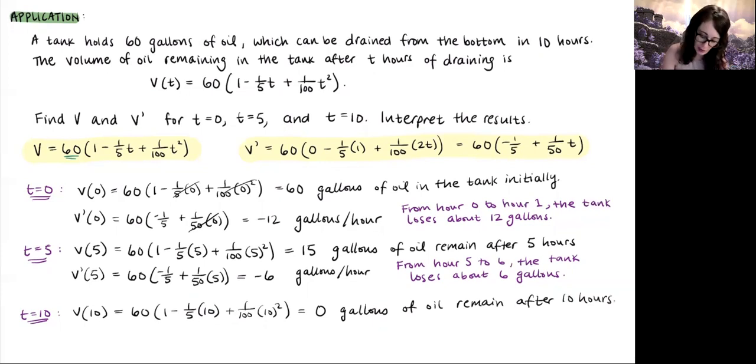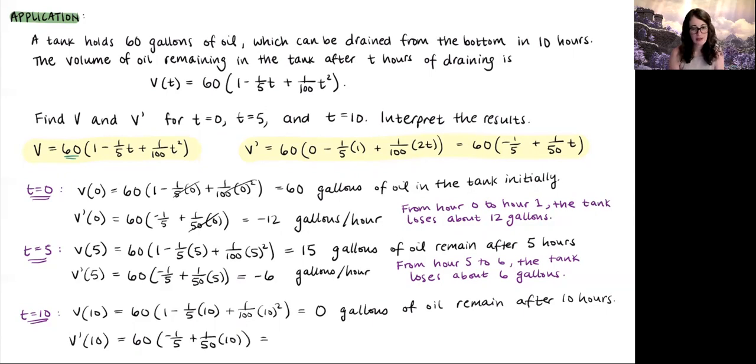Okay, let's see what's going on with the rate of change of the volume. I'm sorry, I've made a lot of videos today. So V prime of 10. We will talk about velocity very soon. So let's plug a 10 into the V prime.